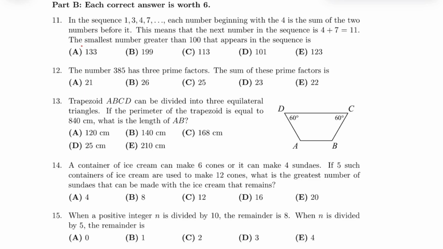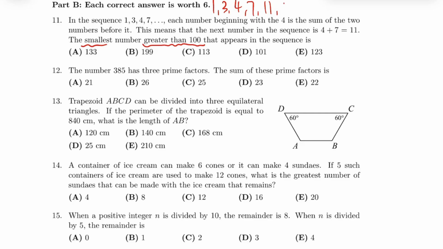So we need to list all the numbers in the sequence, because we need to find the smallest number which is greater than 100. Okay, so 1, 3, 4, 7, 11 is what they listed for us.